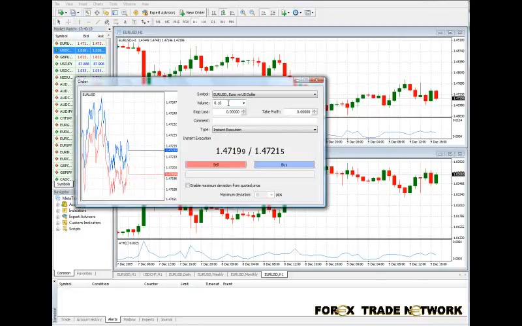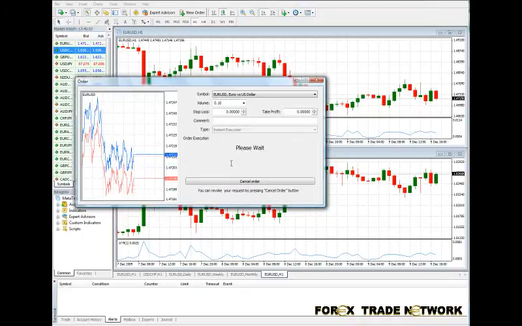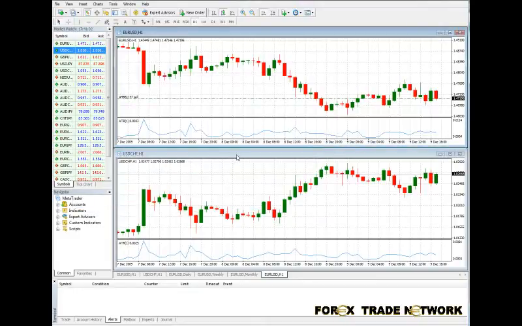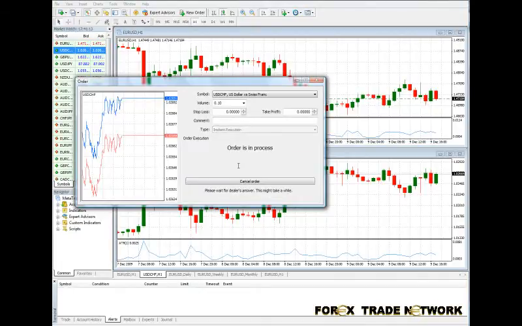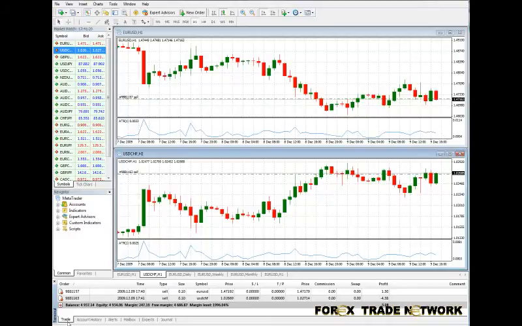Okay, and I'll just give you an example of how this can work. There we go. I've sold that. Now what I'm going to do is I'm going to immediately go down here, and I'm going to sell the US dollar Swiss franc. Okay, so I've sold that.